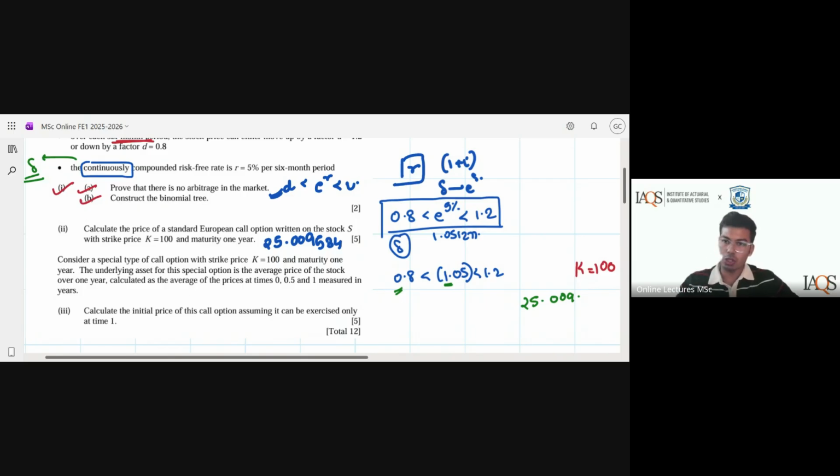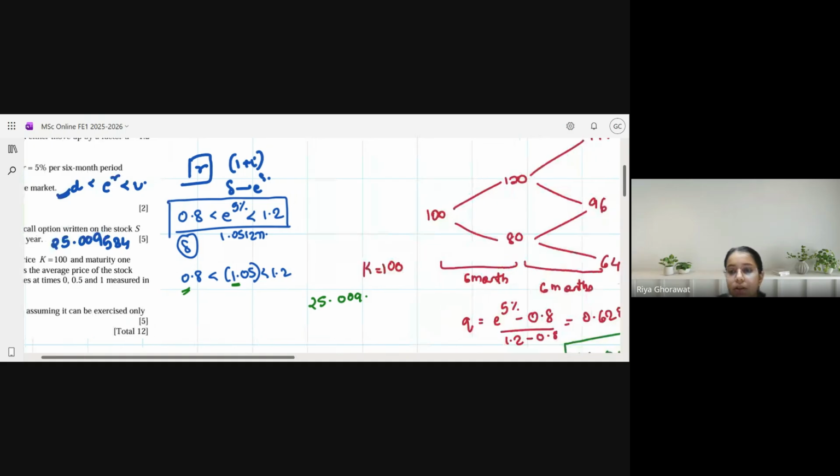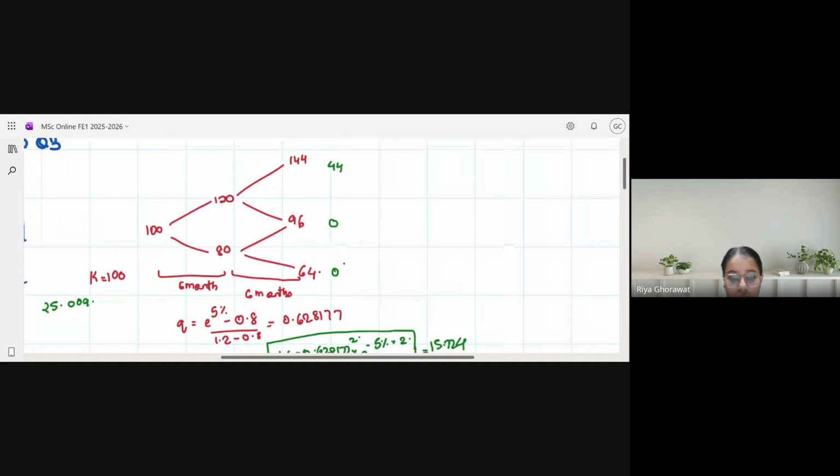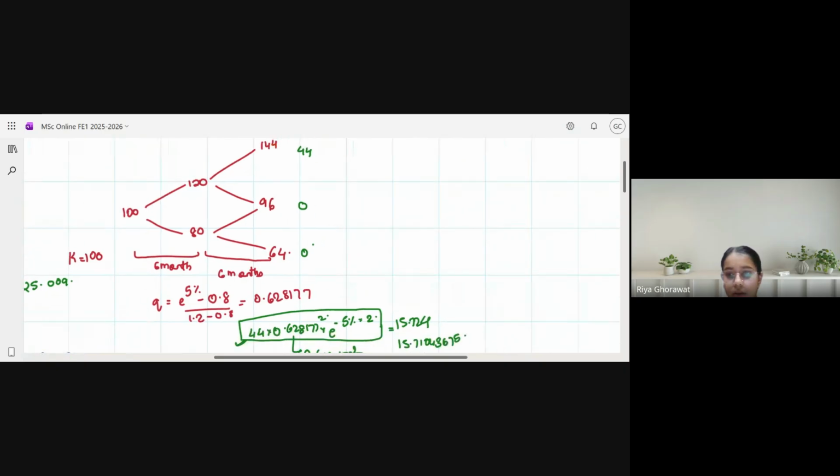At time 1, you will take the average of the stock prices of the path that I've followed. You will compare with the strike price, and it's a call option, so it will be average minus K. Let me know first, how will you calculate the averages and what is the value of the payoff? For the first up node, we will take all three values of the up node.